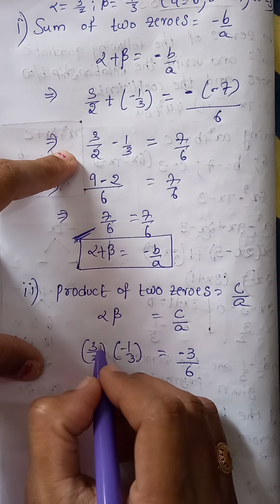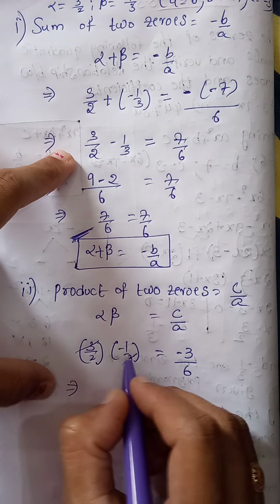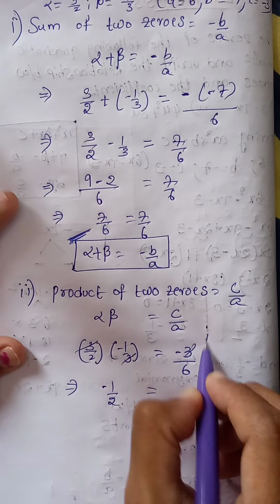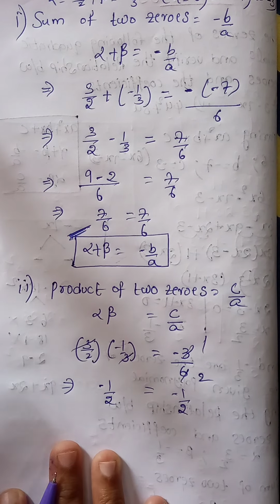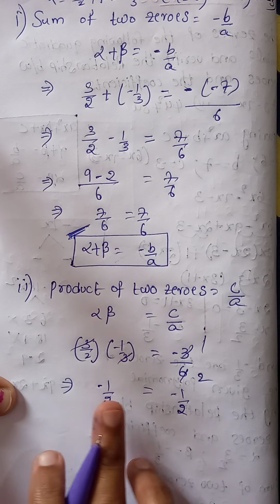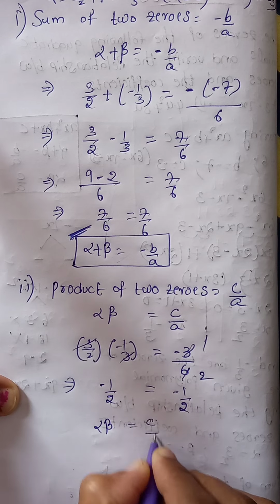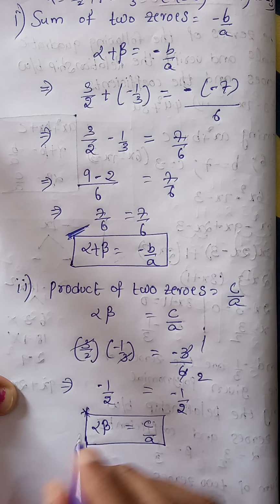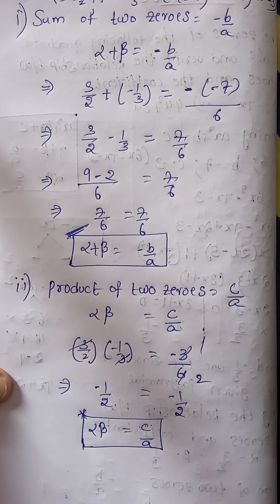Okay. So here numerator we have 3, denominator we have 3, they get cancelled. We have minus 1 by 2 equal to 3 ones are 3, 3 twos are 6, minus 1 by 2. Okay. Here we have same answers. Alpha into beta equal to C by a. This is the relationship between zeros and coefficients of the terms.